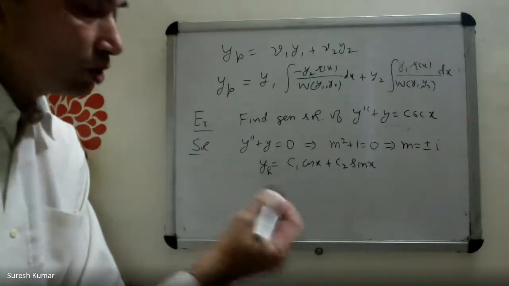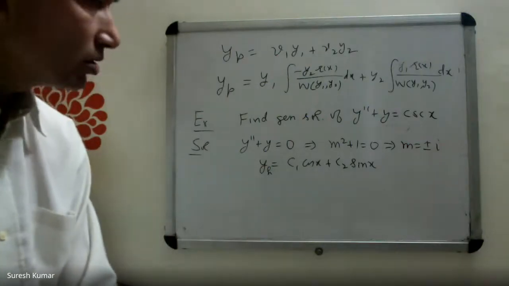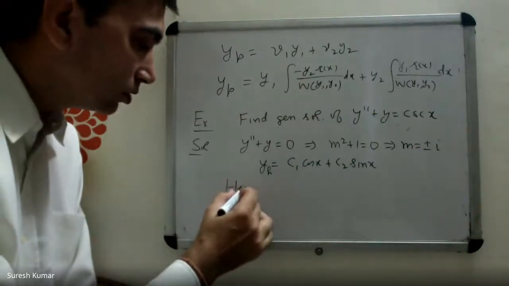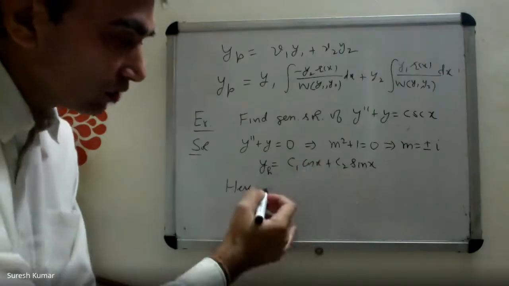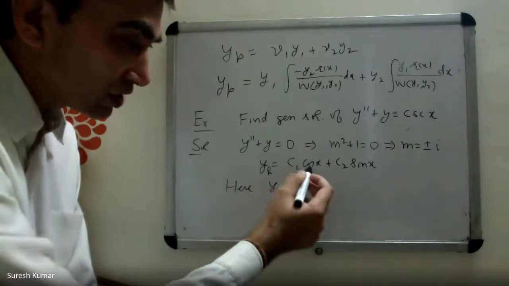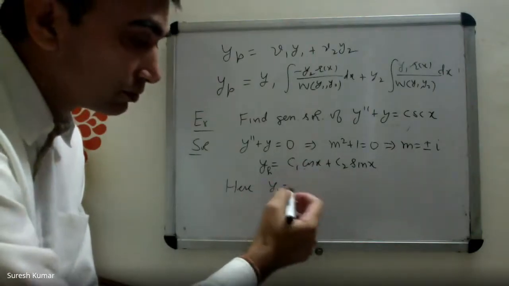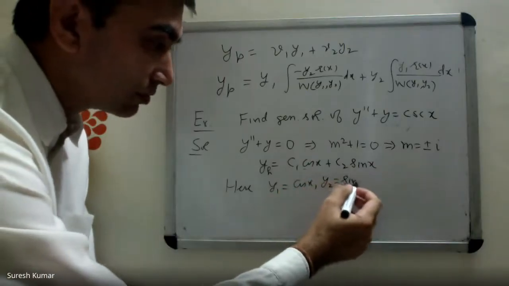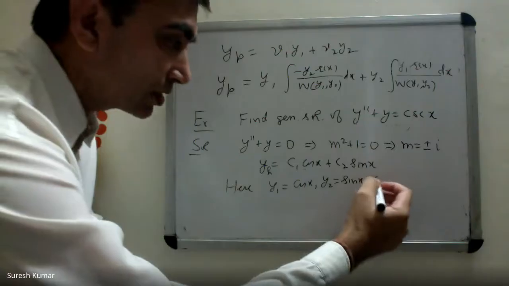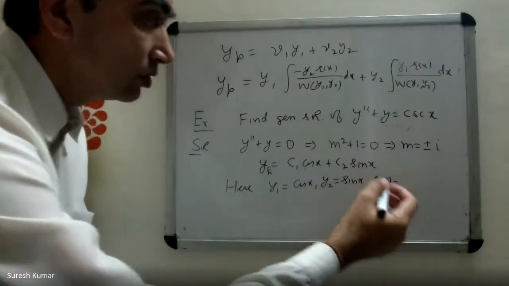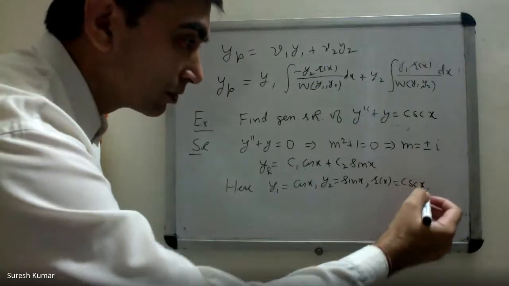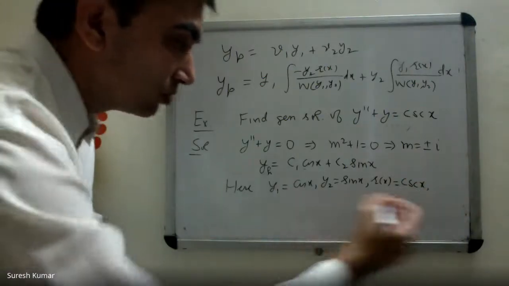Okay, now to apply the method of variation of parameters for obtaining yp, here you should note down these things. What is y1? Cos x, y2 sin x, rx. In your equation, what is rx? Cosecant x and Wronskian y1 y2.